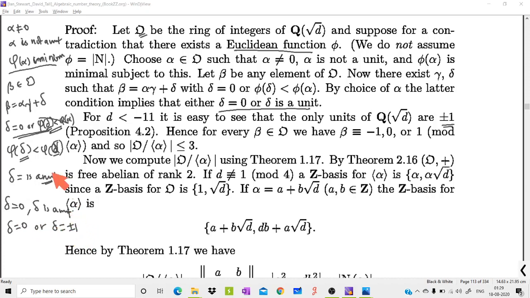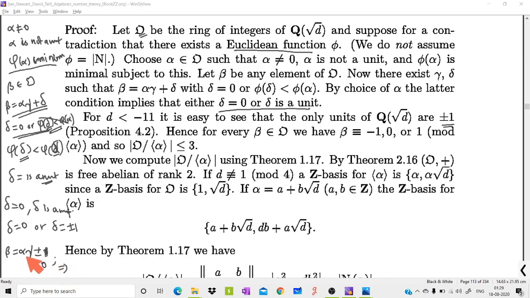So these are the only possibilities for this expression. Clear? So whenever you consider a beta belonging to O, you can write it as beta equal to alpha gamma plus 0 or plus or minus 1, corresponding to this delta.